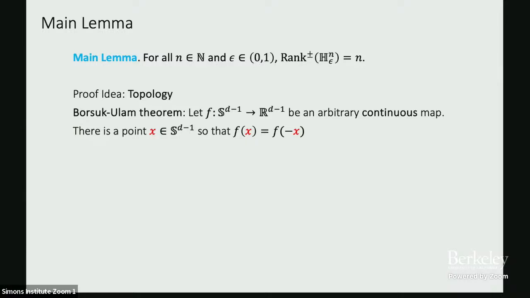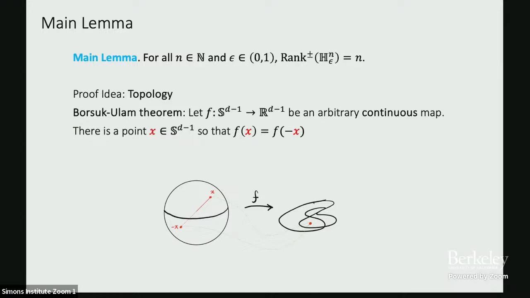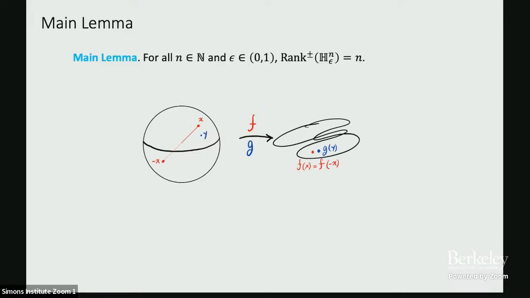There's always a point on the sphere and its antipode, its reflection, such that they're both mapped to the same thing. Okay, so we're going to use this. How can we use this to prove the bound? So this was the claim.